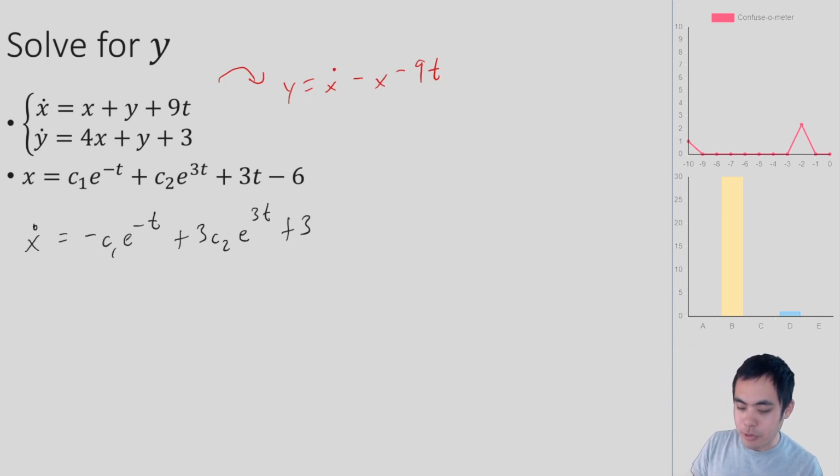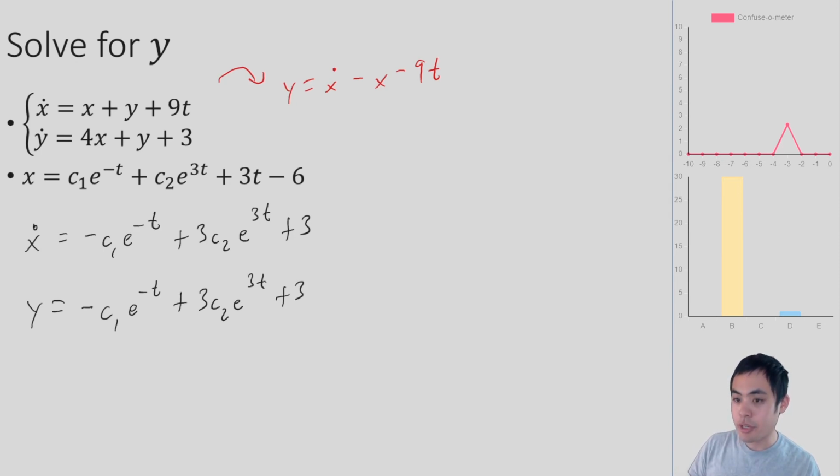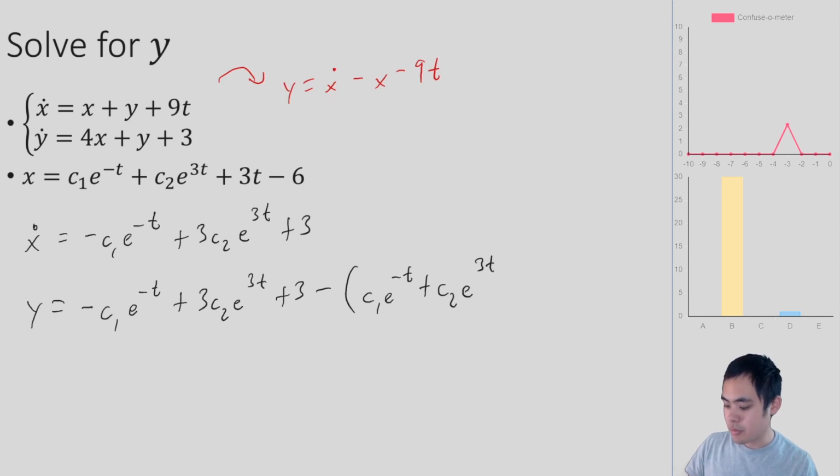And so therefore, when you plug that in, y is equal to x dot, which is minus c1 e to the minus t, plus 3c2 e to the 3t, plus 3, minus the quantity for just what x was: c1 e to the minus t, plus c2 e to the 3t, plus 3t, minus 6, minus 9t.